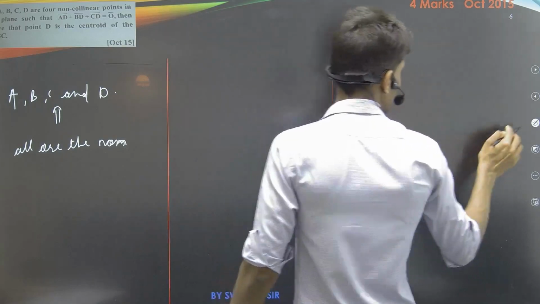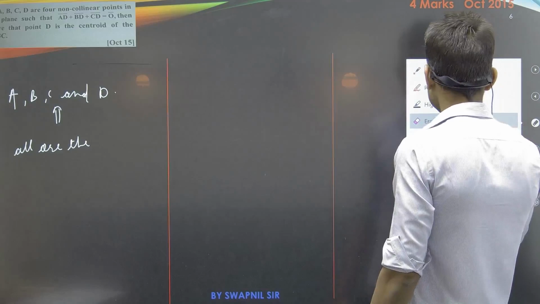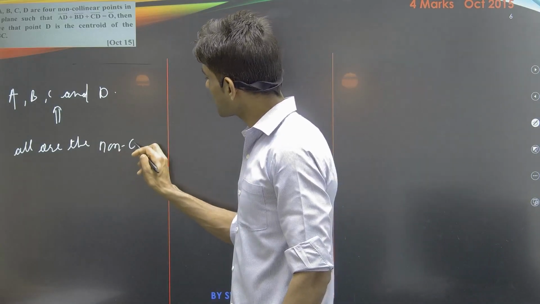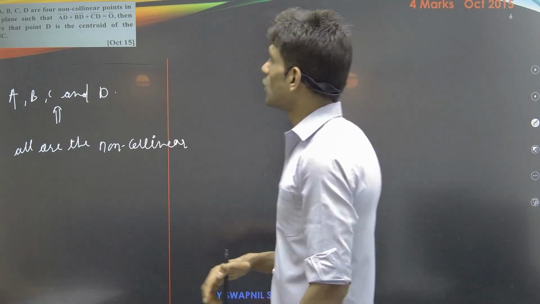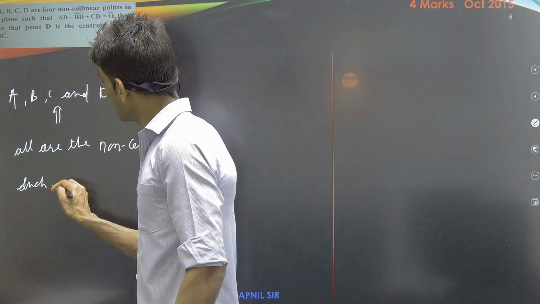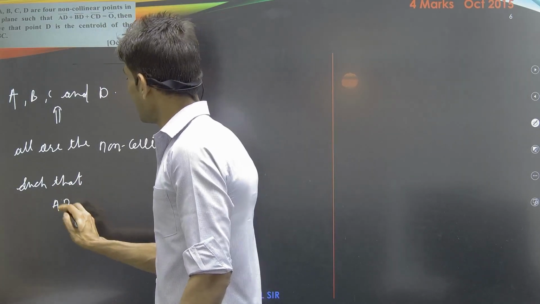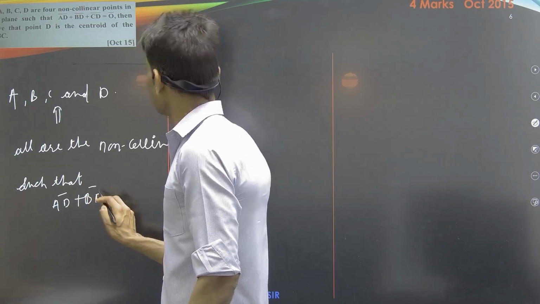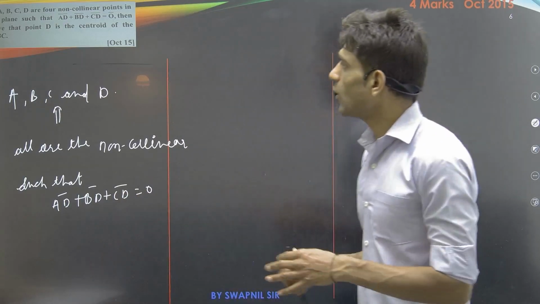All points are non-collinear, that means they are not along the same line, such that A D bar plus B times D bar plus C times D bar is equal to 0. That is what is given here.